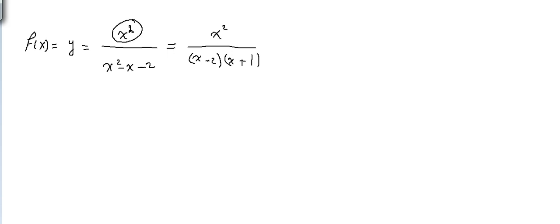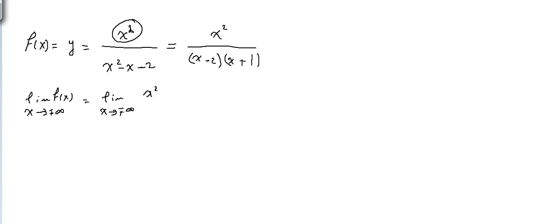Okay, we factorize it, and then we find the limit of f of x as x approaches infinity. As x approaches plus or minus infinity, it is the same, because the highest exponent in the numerator is equal to the highest exponent in the denominator. So x approaches plus or minus infinity.